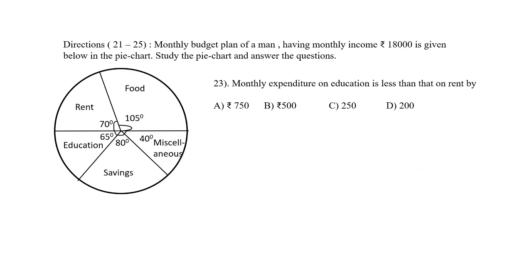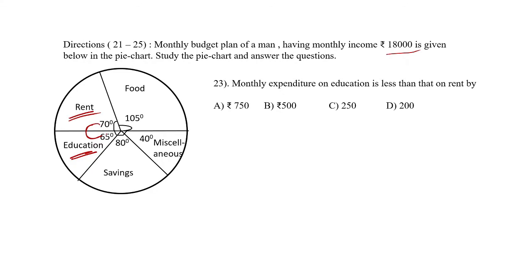Now see the 23rd question. Monthly expenditure on education is less than that on rent by. Same: the total degree is common, 360 degrees, and the total income is also common. So take the difference.